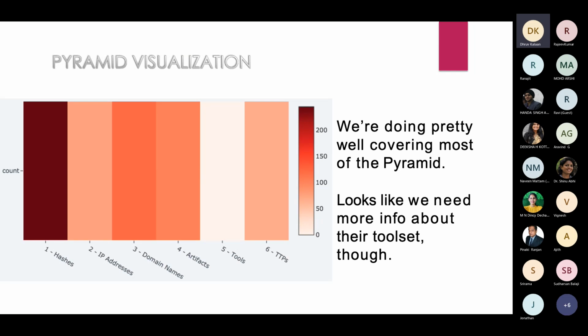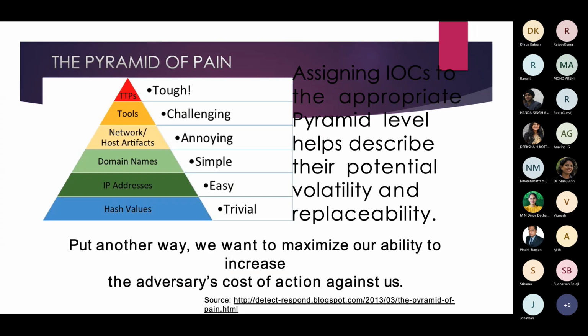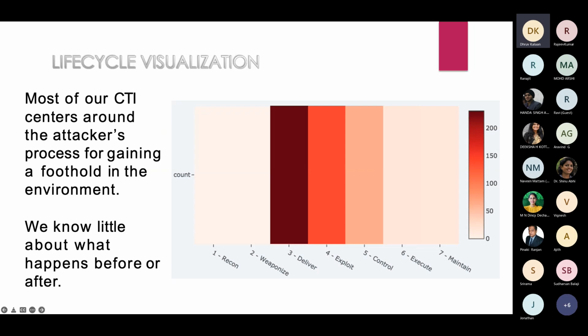All right. What we are now doing here is that in terms of the data that we can capture, say from the pyramid of pain that we had, we start looking at the number of points that we have for each. For example, what we were doing over here was taking the kill chain and mapping the amount of data we had for each persistent step in the kill chain.